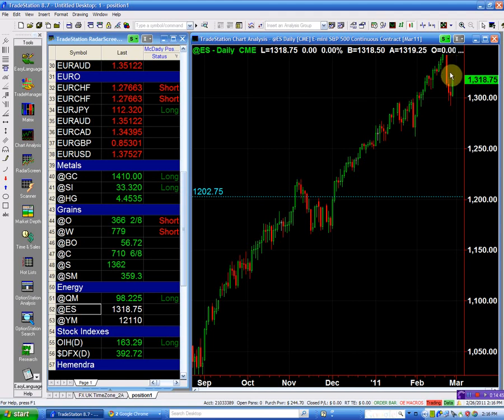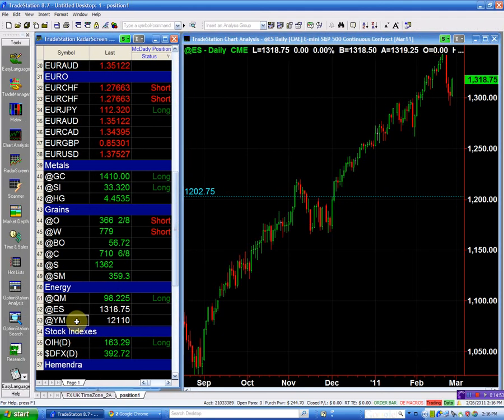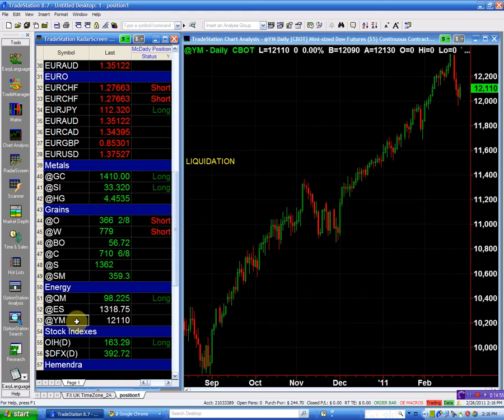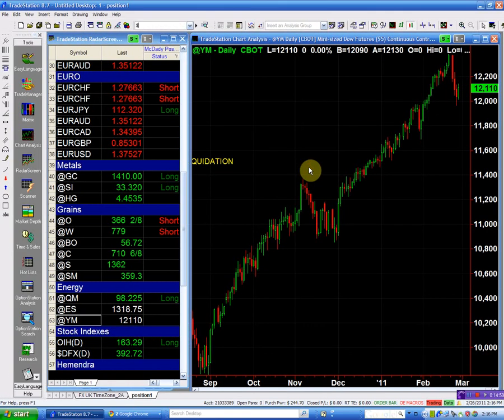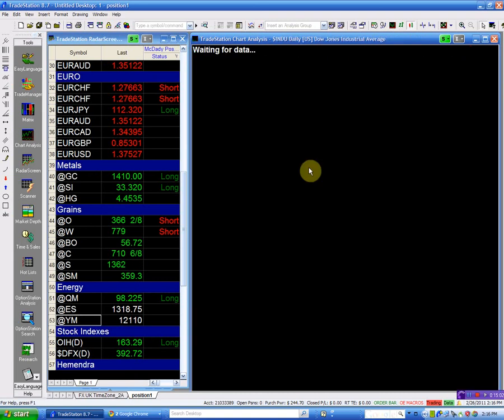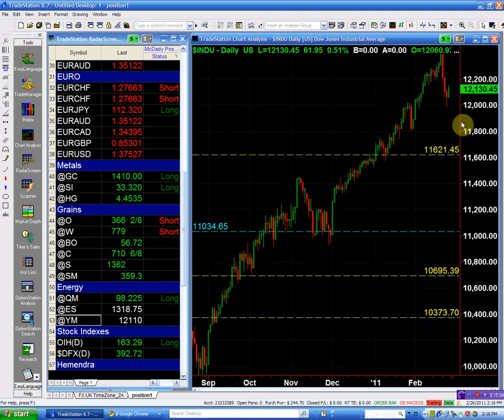And that, as you can see, if you look at this big move on Friday on the S&P, same with that on the Nasdaq, and the same on the Dow Jones. See all of those?